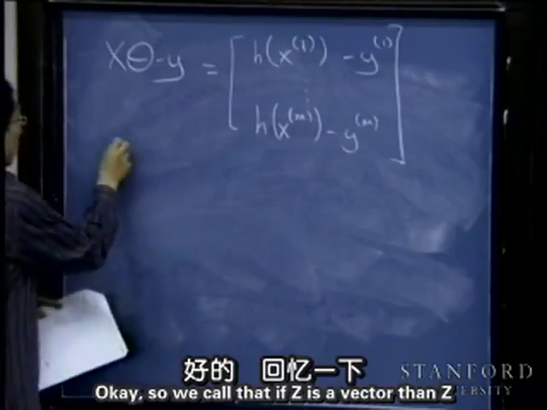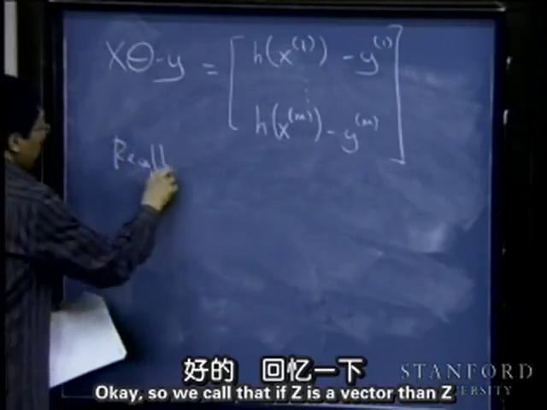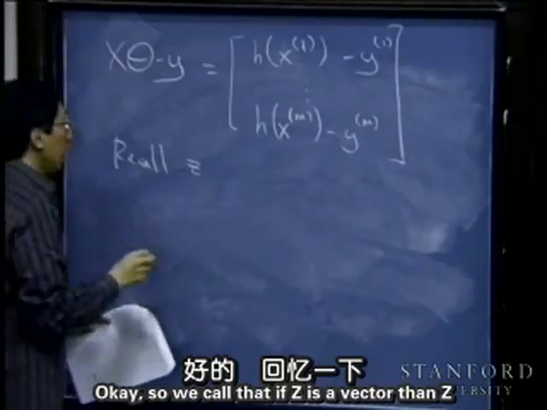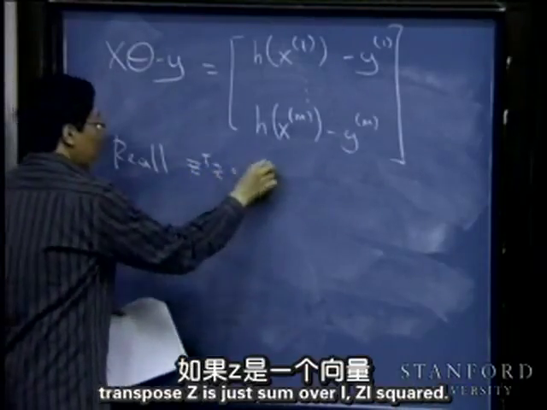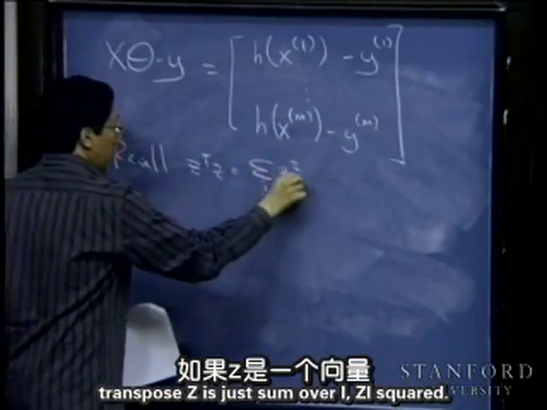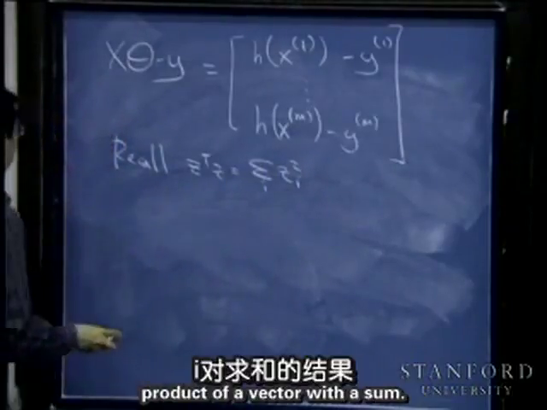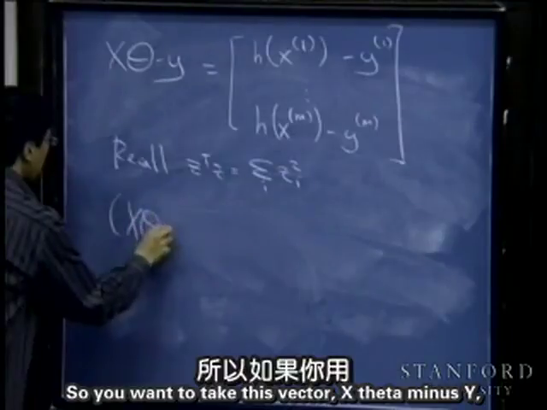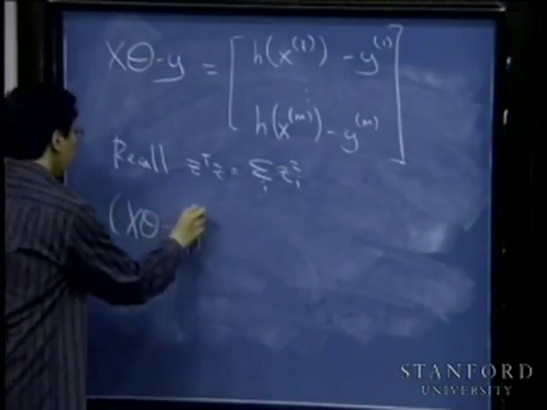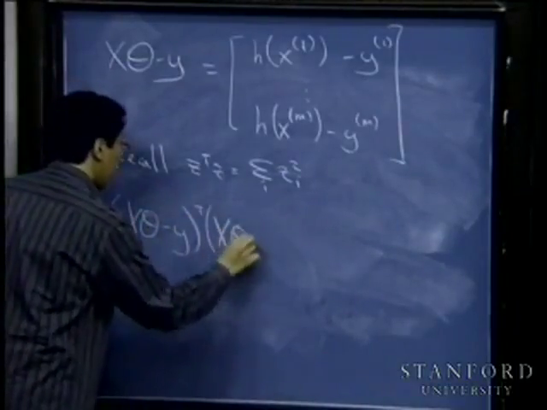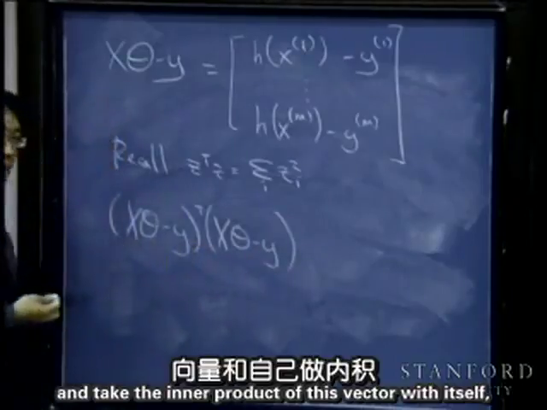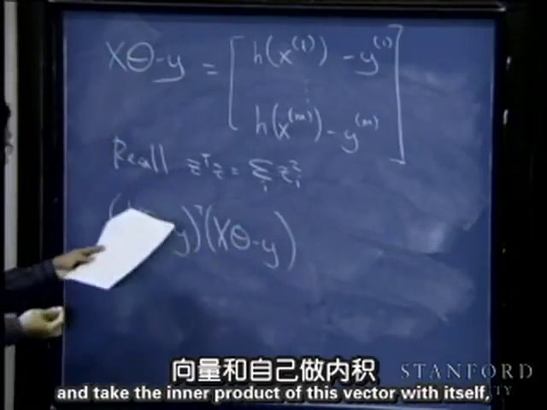Okay, so recall that if Z is a vector, then Z transpose Z is just the sum over i of Zi squared, right? That's how you take the inner product of a vector with itself. So I'm going to take this vector X theta minus Y and take the inner product of this vector with itself.